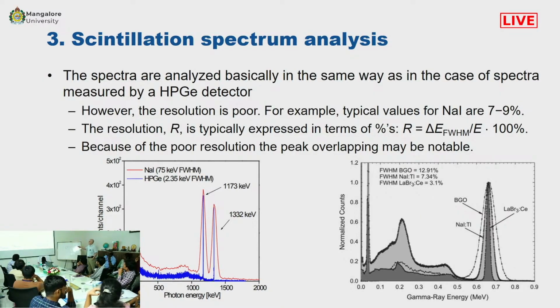For example, in sodium iodide detectors, the resolution is 7 to 9% or something like that. And resolution is calculated like this: the energy difference of the left side and right side divided by the energy.